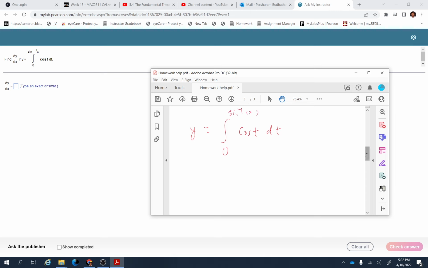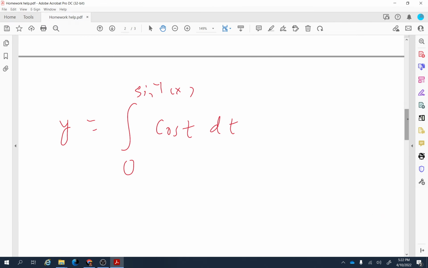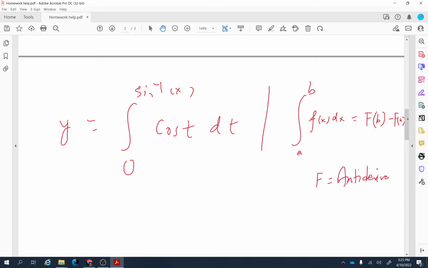If you remember, the fundamental theorem part 2 says the integral of small f from a to b is capital F of b minus capital F of a, where capital F is the antiderivative of small f.